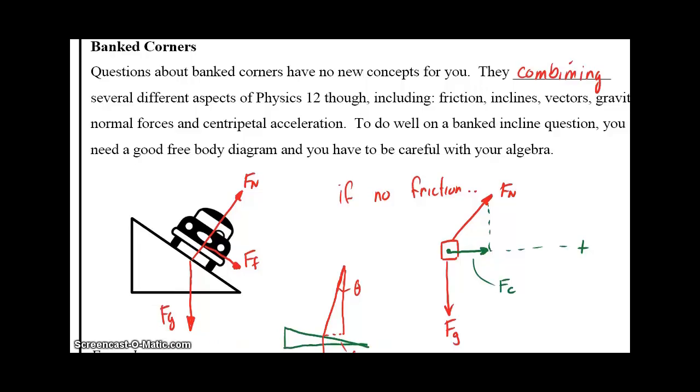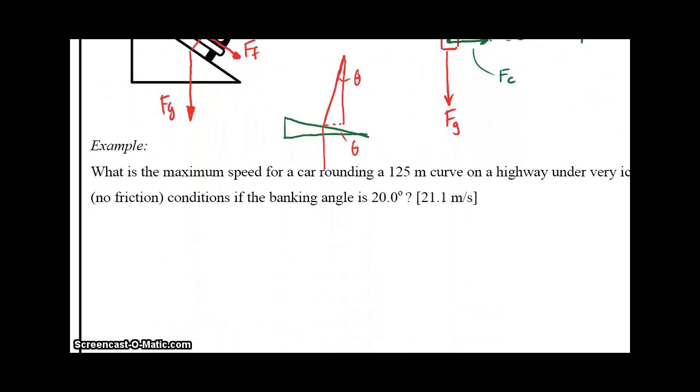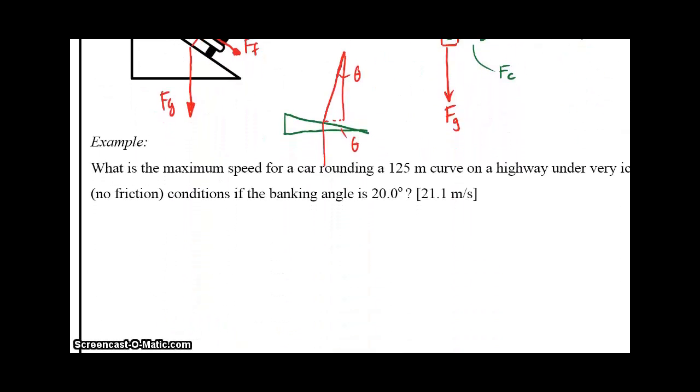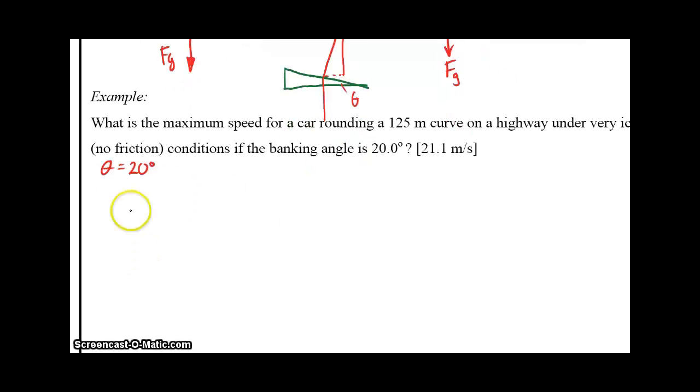Okay, let's use that information to try an example question. What is the maximum speed for a car rounding a 125-meter curve on a highway under icy conditions if the banked angle is 20 degrees? So we have theta is 20 degrees. We can redraw that diagram, but it's basically the same.